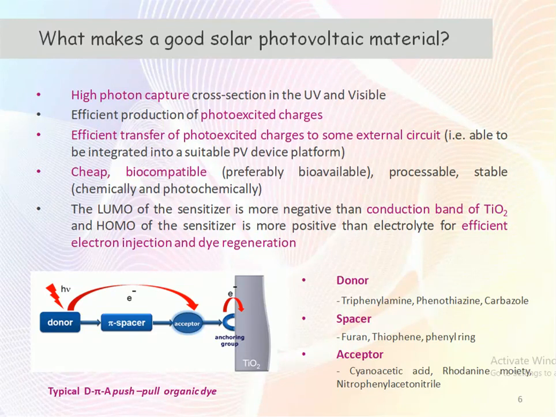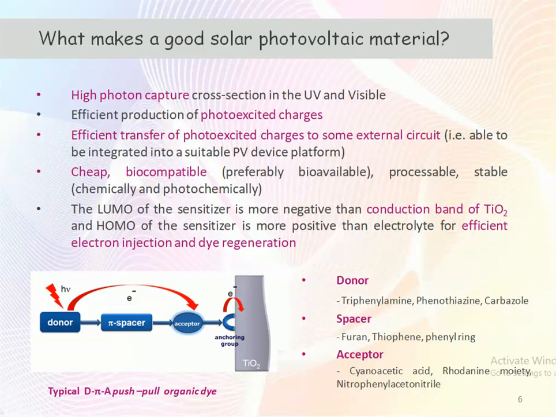So what makes a good solar photovoltaic material, that is, what is the criteria for a material to be promising as a sensitizer for dye-sensitized solar cells? First, a high photon capture cross section in the UV and visible region, that is the material should have high visible absorbing capacity, 400 to 800 nanometer absorption. Second, efficient production of photo-excited charges, that is upon illuminating the dye sensitizer with sunlight, it should inject electrons.